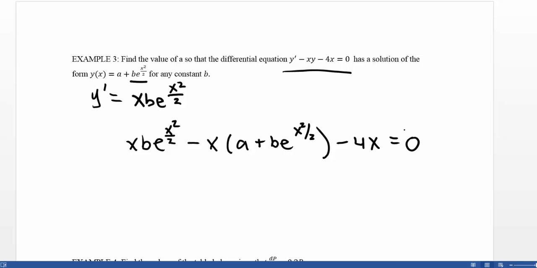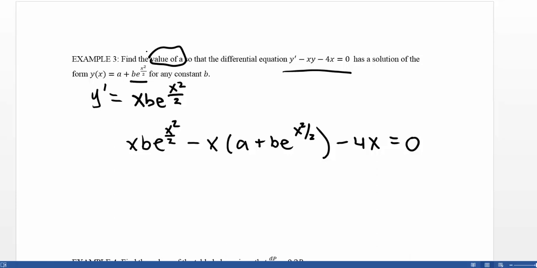So remember here, we're plugging in for y because those are the things that are dictating our differential equation because it's y that has the derivative and the function in the problem. Remember, we're trying to determine the value of a that would make this true for any value of b.